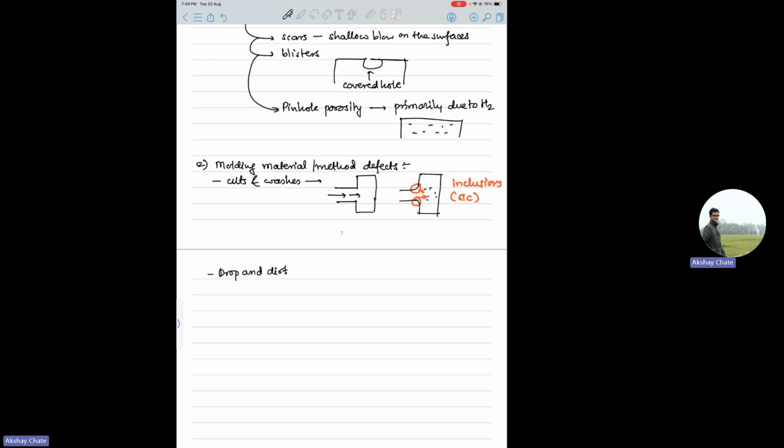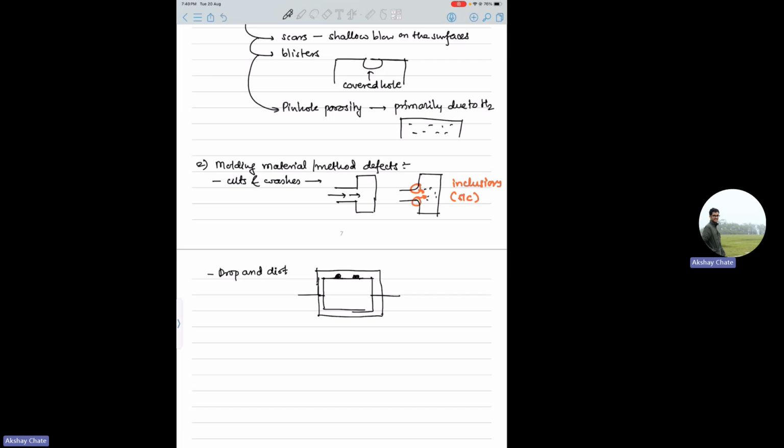What happens if you don't properly ram sand from your cope and drag? For example, you have this cavity, and this is your cope and drag. This is your parting line. What happens?